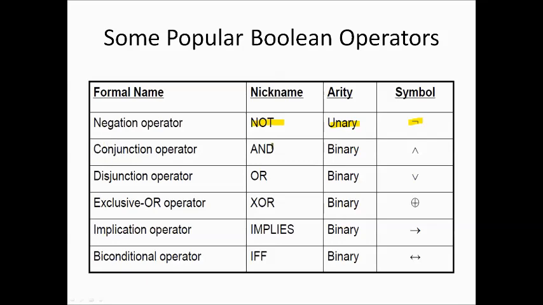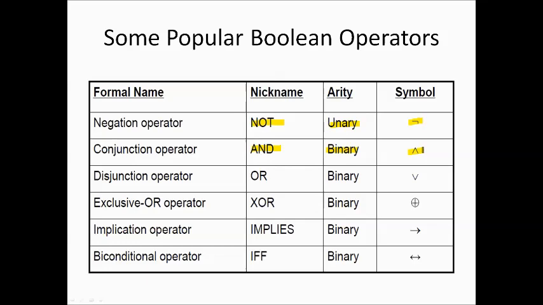For the conjunction operator, again, we are using the and. The arity is binary, meaning to say two or more. If you remember, if we are using conjunction, disjunction, implication, biconditional, we are trying to join the propositions. Okay? That's why it is binary.